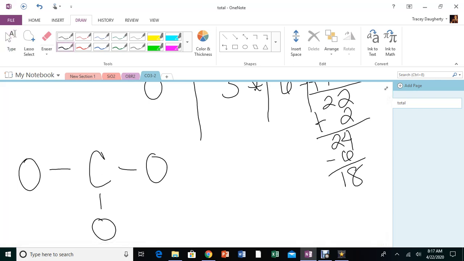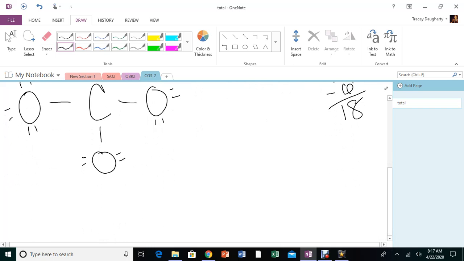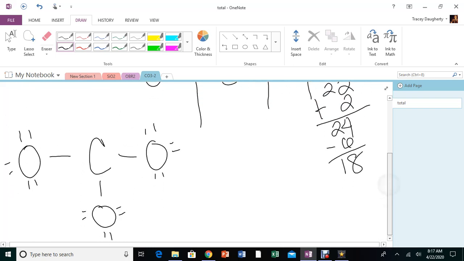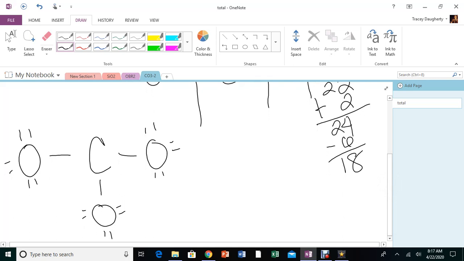So 6 valence electrons around each outer atom. And that makes 18 valence electrons, and we hit 0.